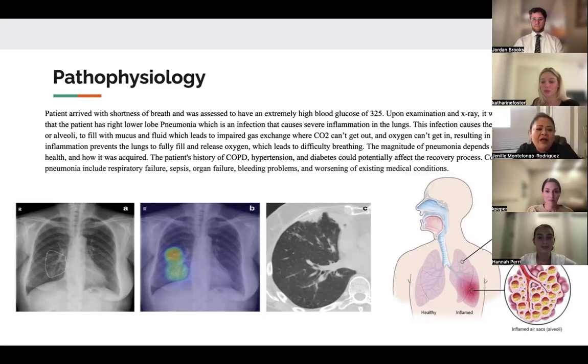Okay, hi, my name is Janelle, and I'm going to be talking to you today about the pathophysiology. As Kelly said, the patient arrived with shortness of breath and was assessed to have an extremely high blood glucose of 325. Upon examination and x-ray, it was confirmed that the patient has right lower lobe pneumonia, which is an infection that causes severe inflammation in the lungs.